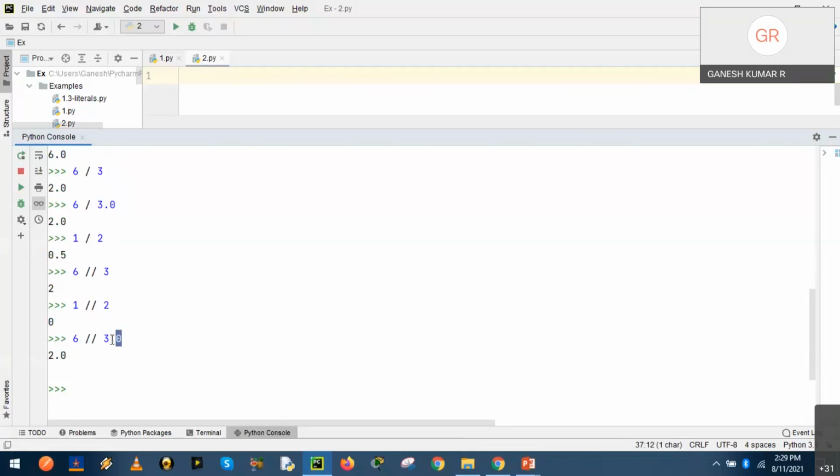Without the fraction part, we'll get only the integer, which lacks the fractional part. If we introduce it, even the integer division results in a floating point output.